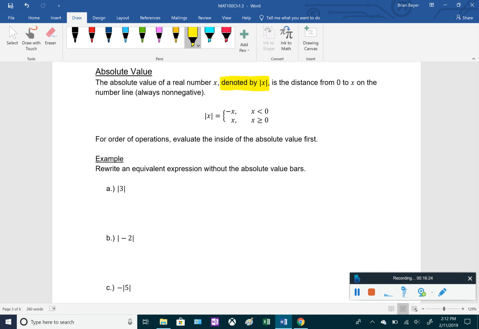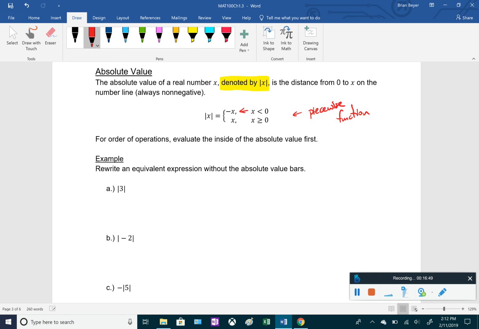So the technical definition is denoted with this piecewise function. A piecewise function essentially chops up a function into different parts based on the domain, which means based on what numbers we're referring to. So the absolute value of x is going to equal negative x if x is negative. So that's what this first part means.